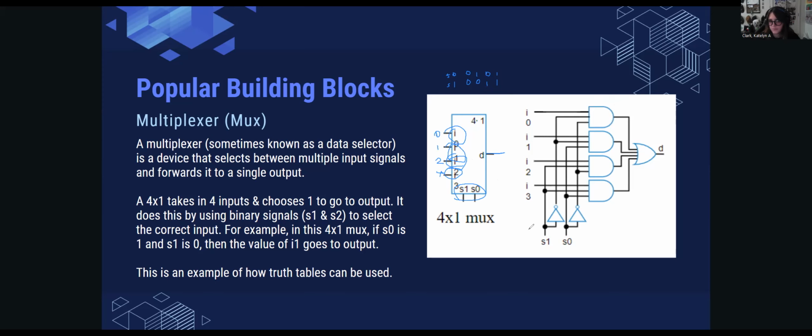So as you can see, my example was if state 0 is 1. So if this is on, meaning it's going to go to these gates. And state 1 is 0, meaning it is off. So we're going to go through the not, because that'll change it. So meaning it's going to go through these gates. The only gate with two things selected is this one. So when that's I2.